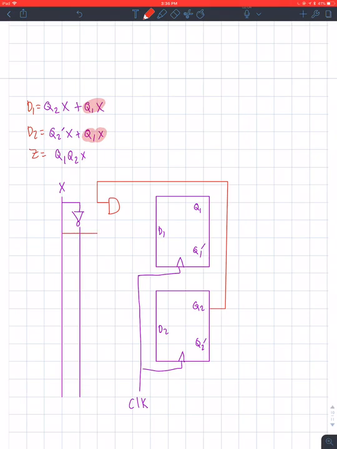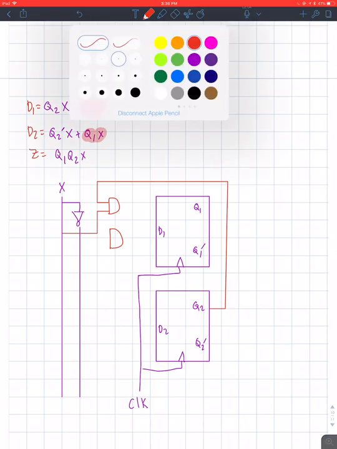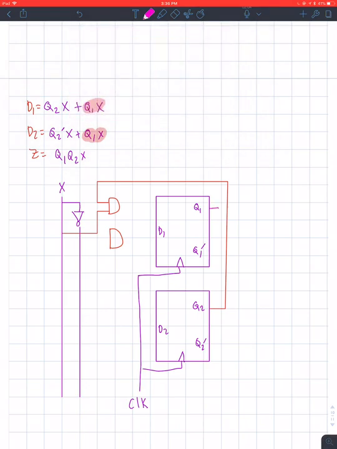This is for Q2, and then my X. Should have drawn that higher, but it's okay. And then I have Q1 and X.